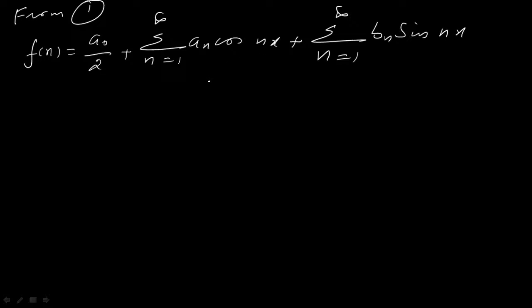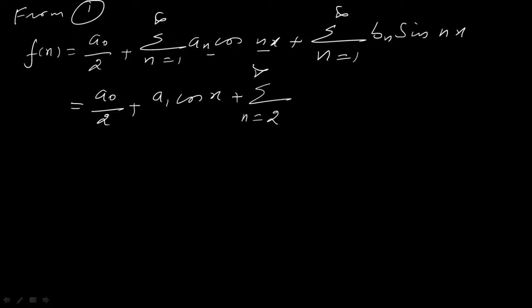Actually, we have calculated a1 and b1 as a special case. So again, I am going to rewrite this, so you have to take the first term outside of the summation. For that, if you substitute n is equal to 1, what happens? a1 cos x, right? Just replace this n by 1. So you get a1 cos x as the first term of the summation. And write down the remaining as summation itself. So 2 to infinity, instead of 1 to infinity, 2 to infinity, because ultimately we take the first term outside of the summation.